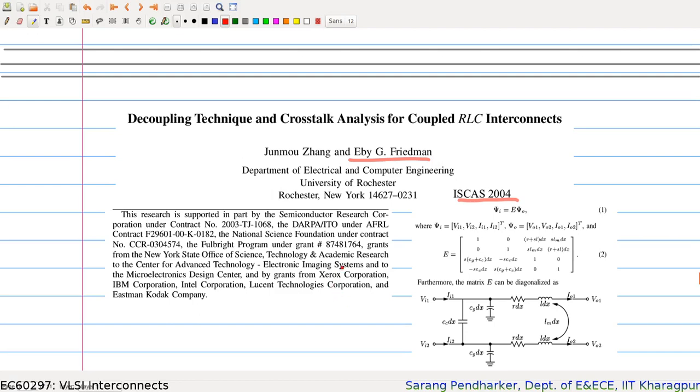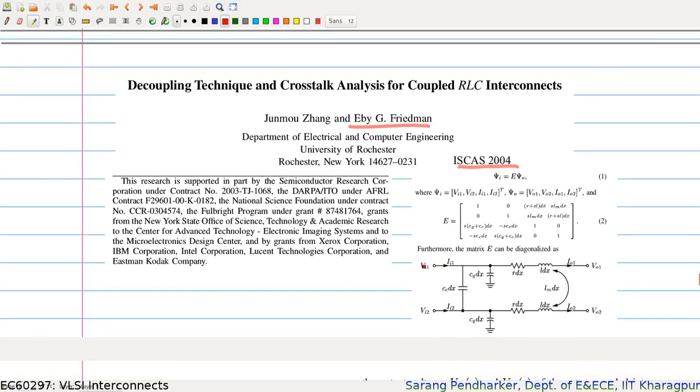And this paper talks about the crosstalk noise, and also the decoupling technique for crosstalk analysis of coupled RLC interconnects. Basically, they have considered identical interconnects, as we have done. So you can look at this figure. There is a mutual coupling LM, and then there is a CC, capacitive coupling, and inductive.